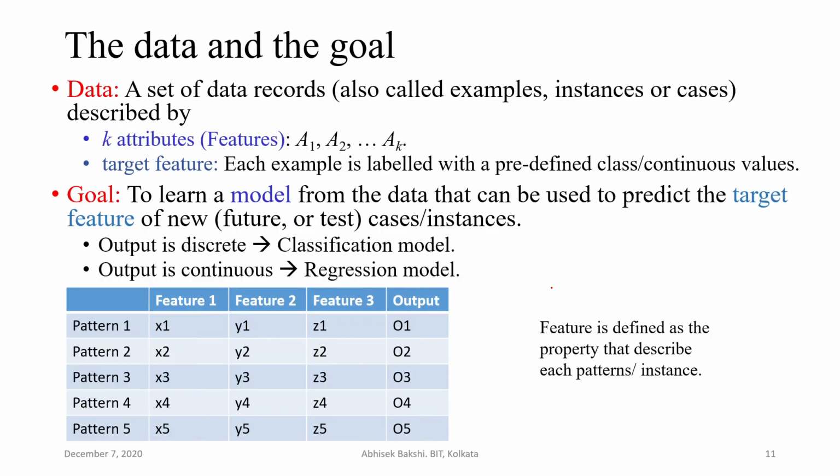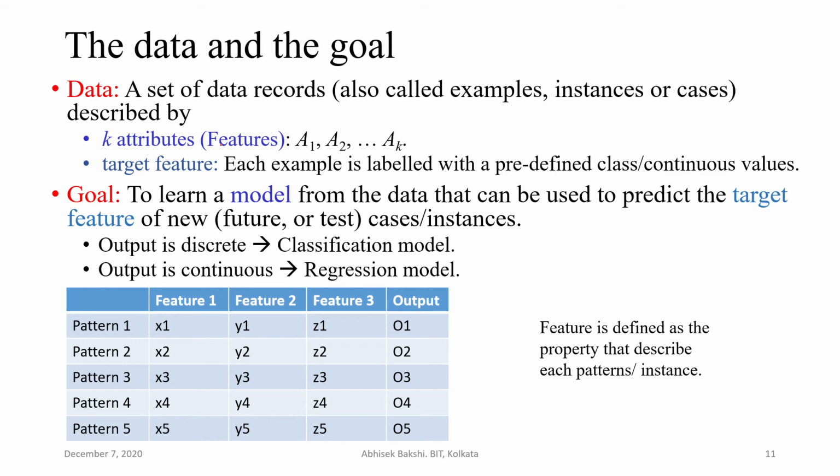Okay. So now let's come to the data that we are discussing every time. What is this data? Data is a set of records, also called examples, described by k attributes and a target feature. What is this target feature?